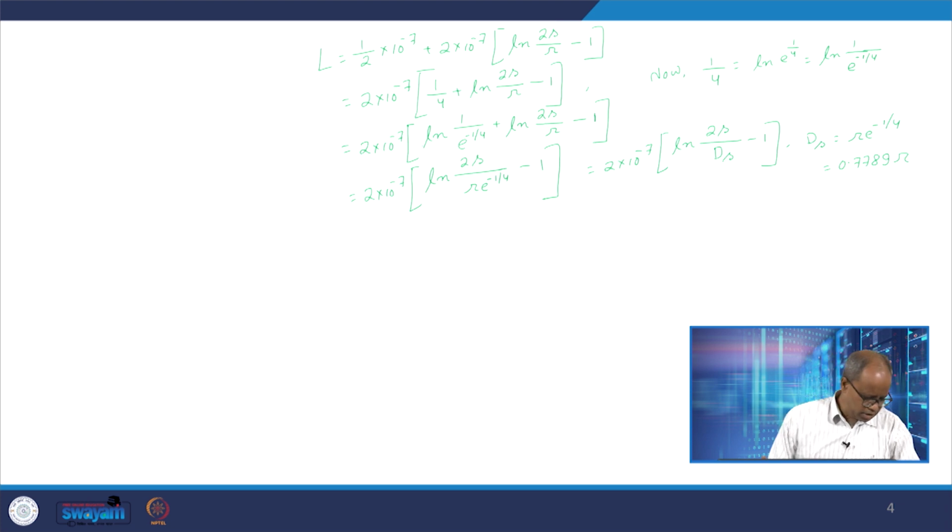So, we also call it self GMD, right. So, then therefore, the total inductance of any line is given by L is equal to 2 into 10 to the power minus 7 into log twice s by ds minus 1.